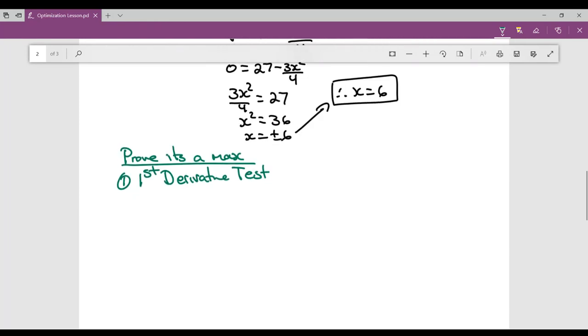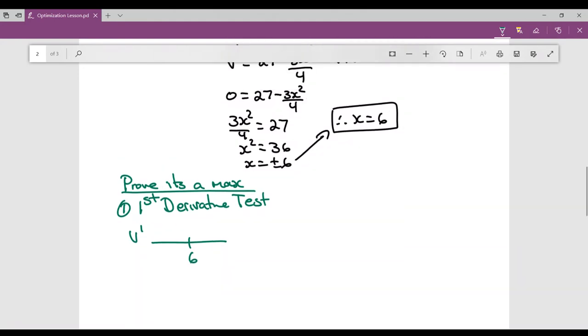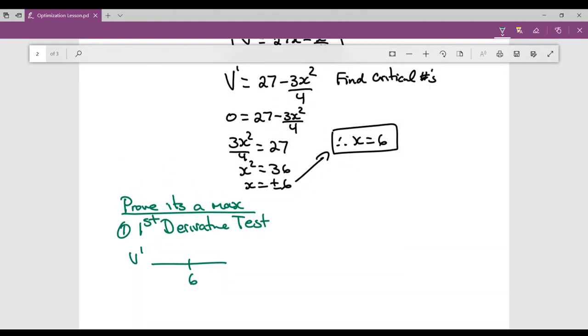The first derivative test would say: V prime, for a critical number of 6, pick a number that is less than 6, so 0 is the easiest one. Put it into the first derivative, we get a positive 27. A number greater than 6, negative. So we're going from positive to negative, therefore x equals 6 is a max.